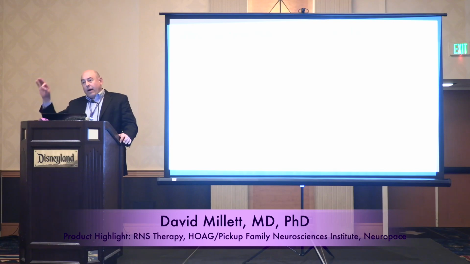The wires come out of the RNS generator and then are located either on the surface of the cortex that's generating the seizures, or deep in the brain, implanted with depth electrodes into the area of the brain that the seizures are arising from, if that happens to be a deeper structure.